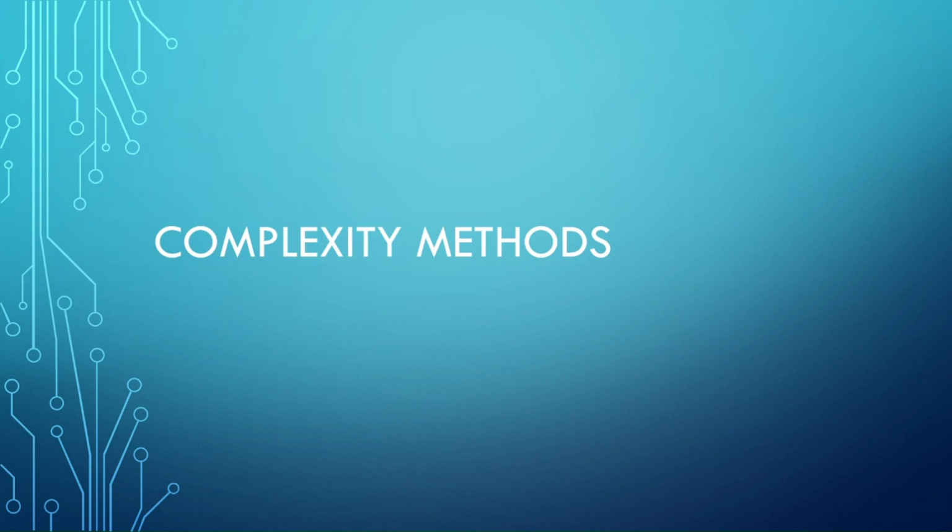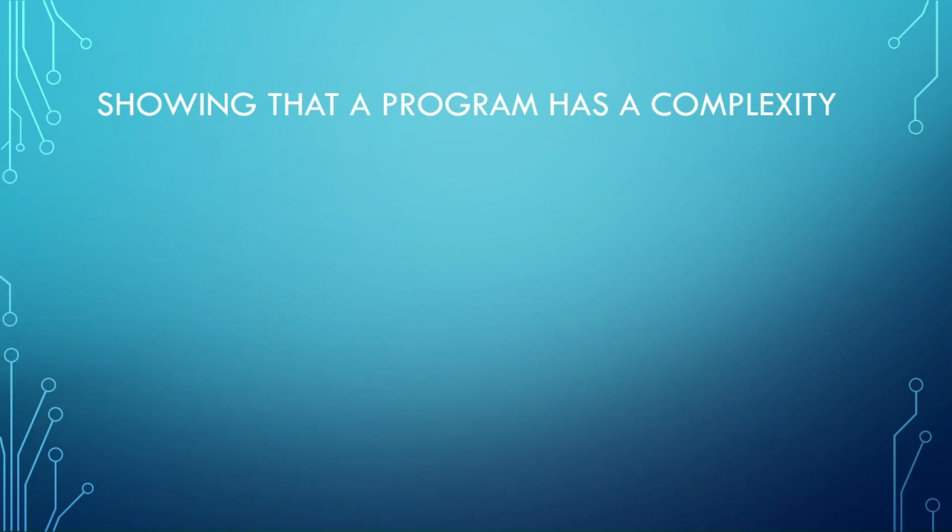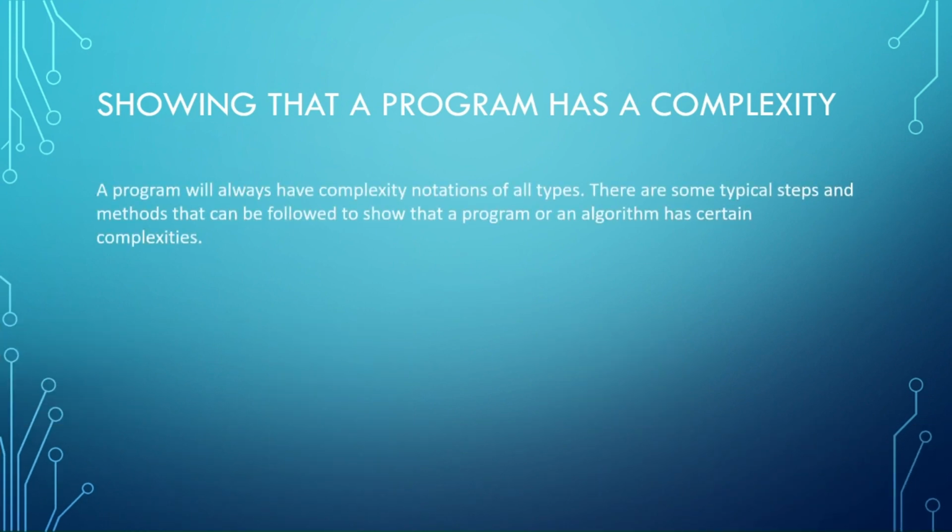So how might we find complexities? So, showing that a program has a complexity. A program will always have complexity notations of all types, because there exists some mathematical function that the runtime will follow. So there are some typical steps and methods that can be followed to show that a program or an algorithm has certain complexities.